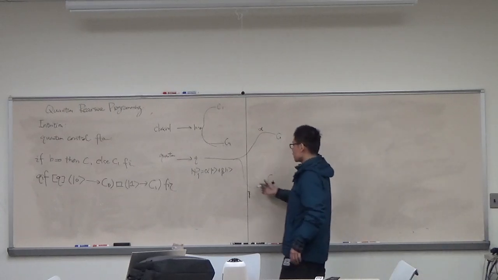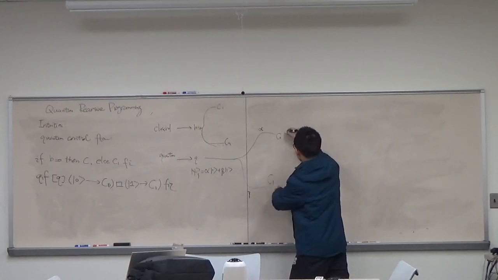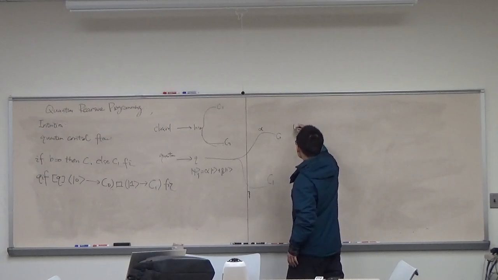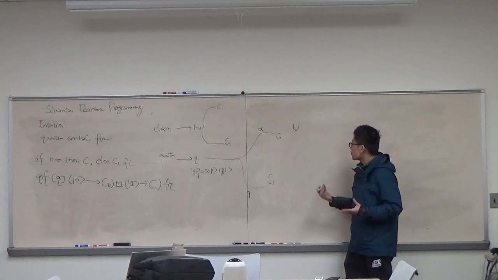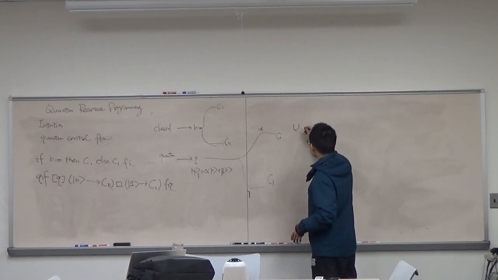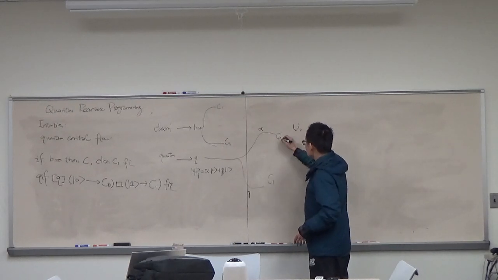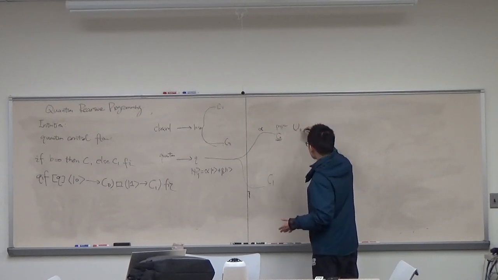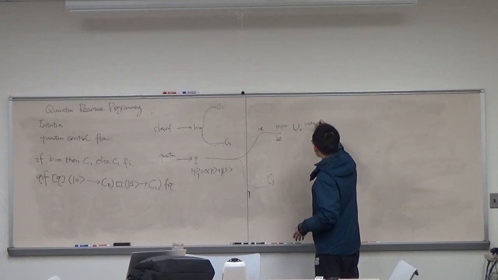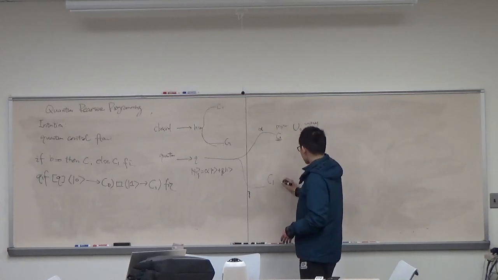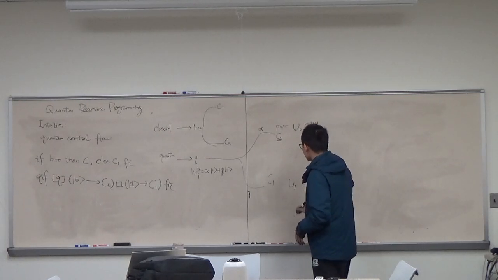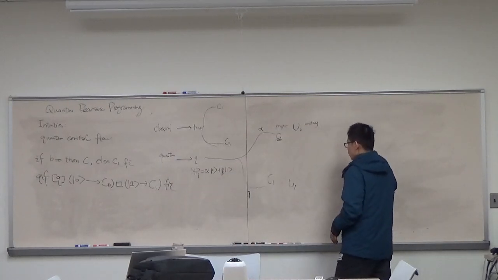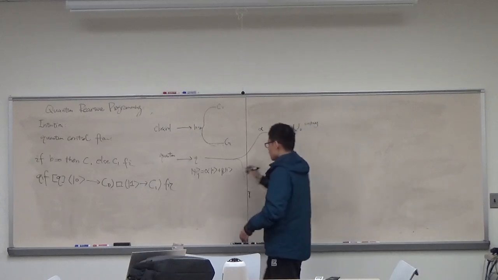Right. If C0 is a program, it can describe some unitary U0, and C1 can be described as unitary U1. The unitary is what operations we can do. Then after the whole QIF statement, you obtain some state.